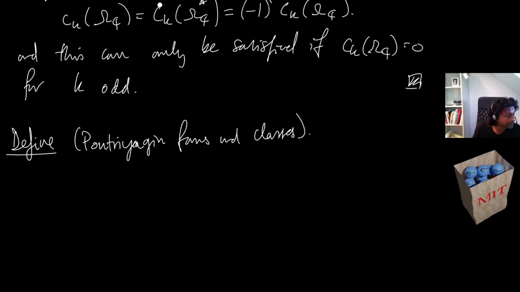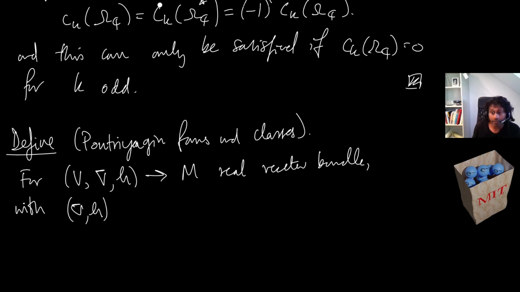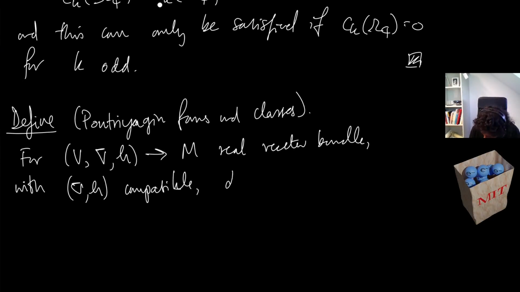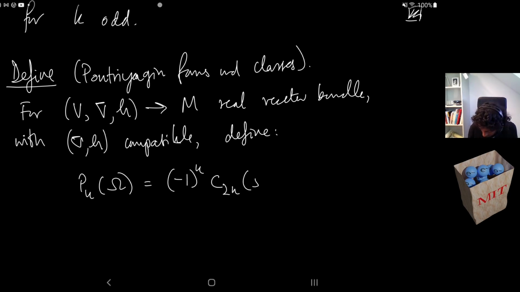For V a real vector bundle with the metric and connection compatible, define p k of omega equal to minus 1 to the power of k times c 2k of the complexified form.